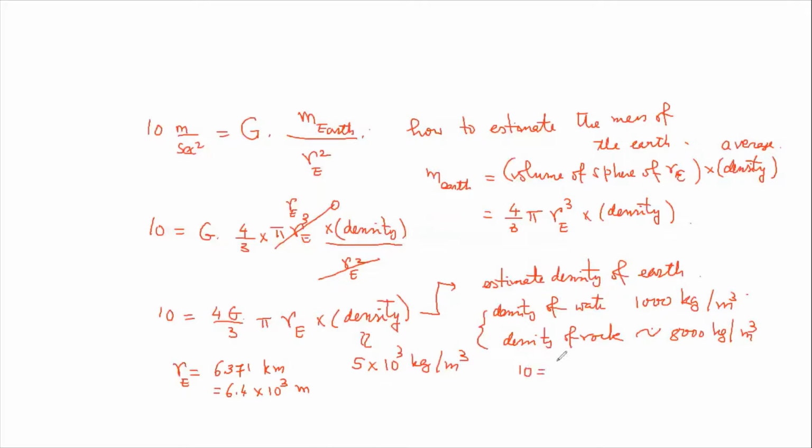So now we have got 10 equal to 4 pi by 3 times 6.4 times 10 to the power 3 times 5 times 10 to the power 3, and times G. Please remember that here I have meters as the unit of the radius, and this is kilogram per meter cubed.